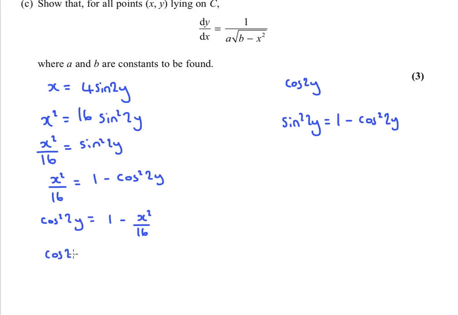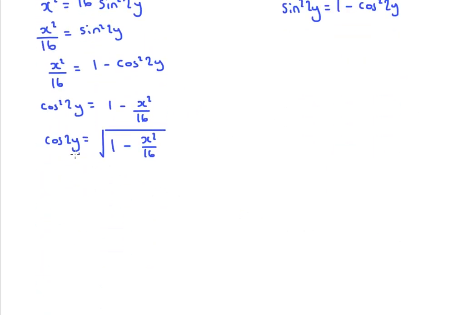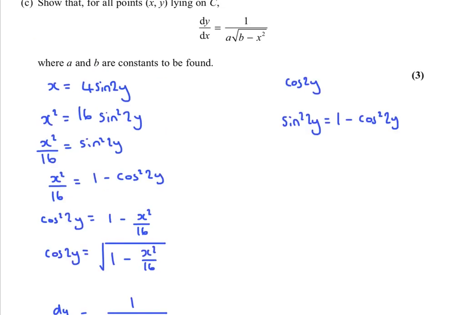So cos 2y is equal to the square root of 1 minus x squared over 16. So if we substitute that in, we've got that dy by dx is equal to 1 over 8 root 1 minus x squared over 16, which looks great, but isn't how they want the answer.